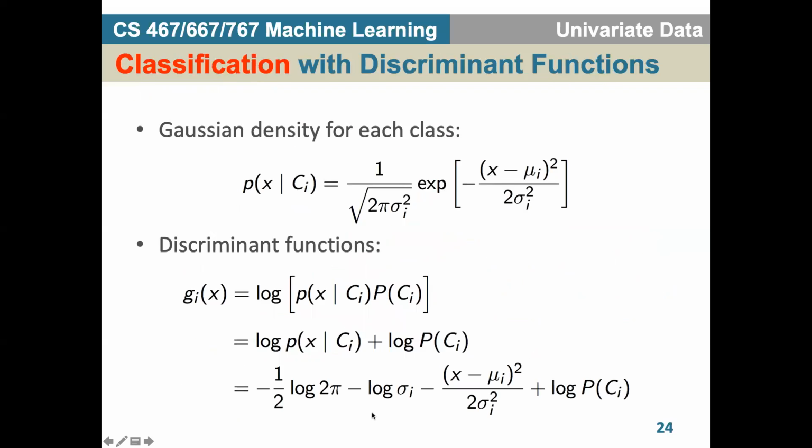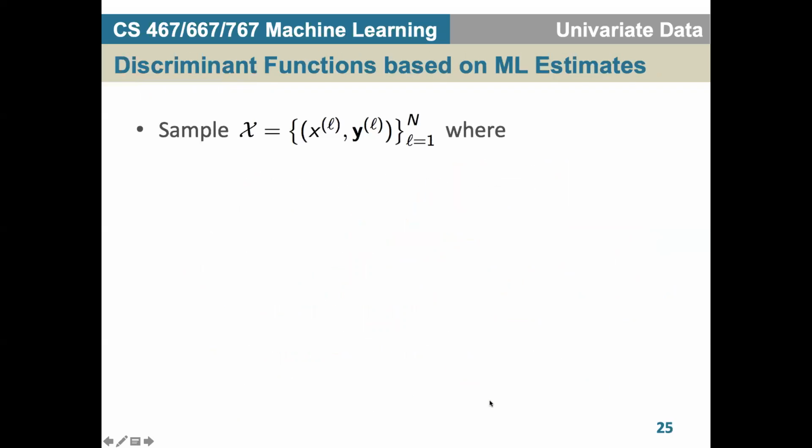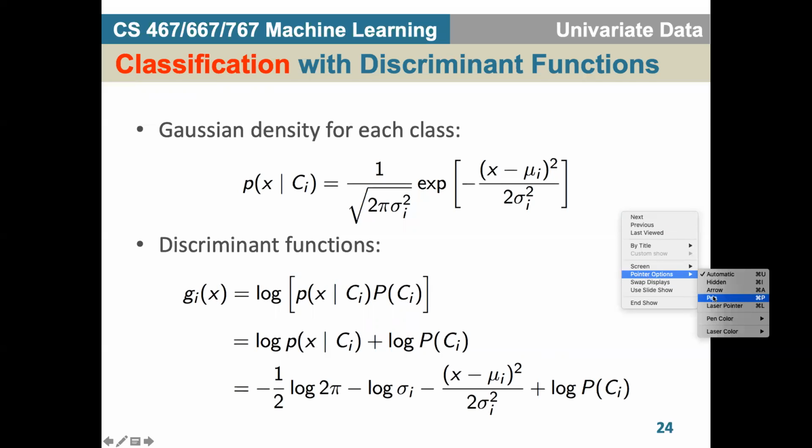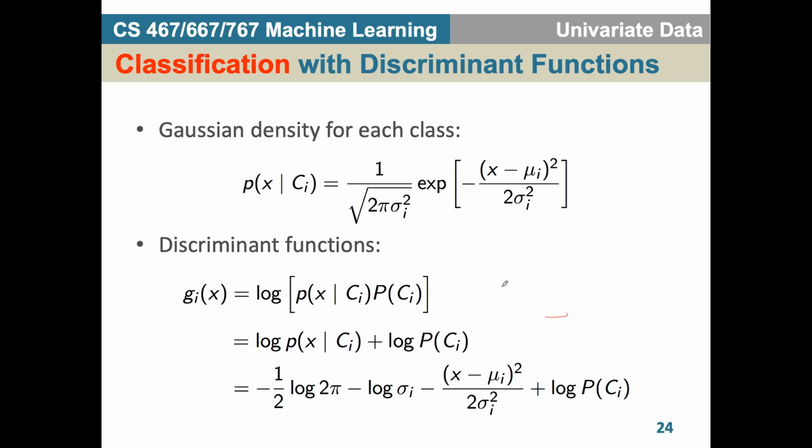Here, why do we have this? I think it's pretty clear from the function, so I will not repeat what we derived last time. We already derived this using log likelihood for maximum likelihood estimation. Basically, this term comes from this term.